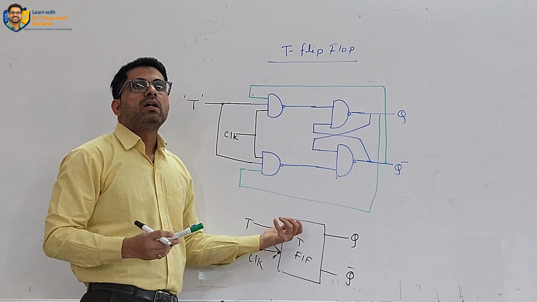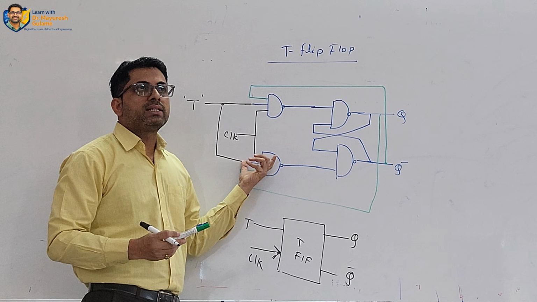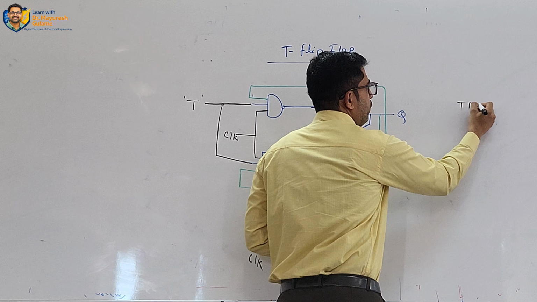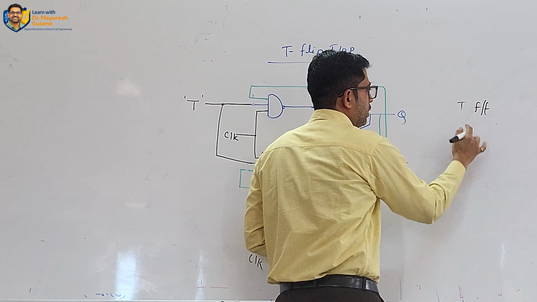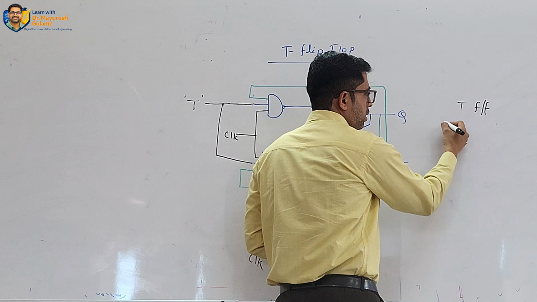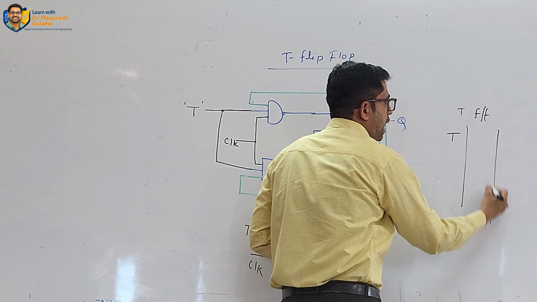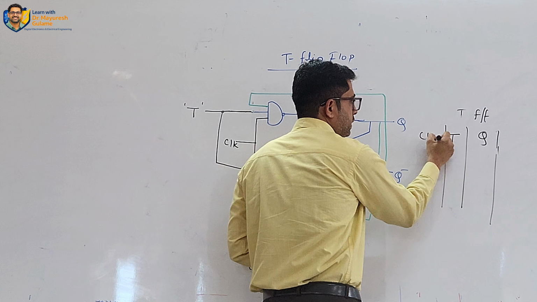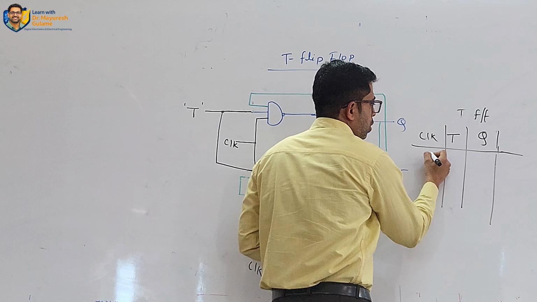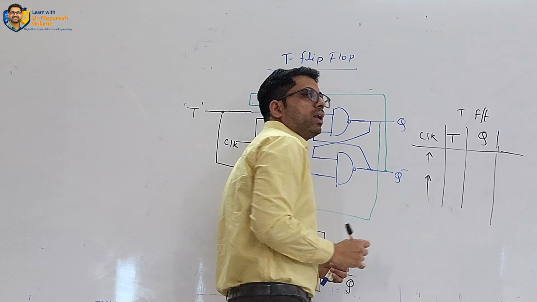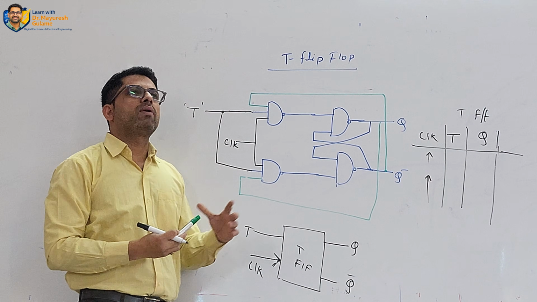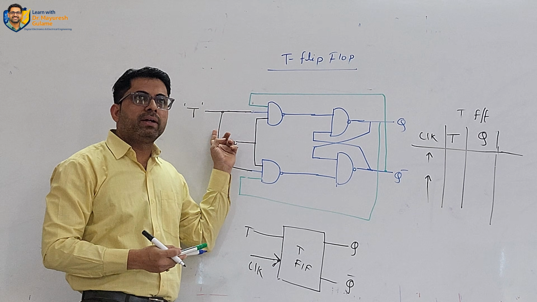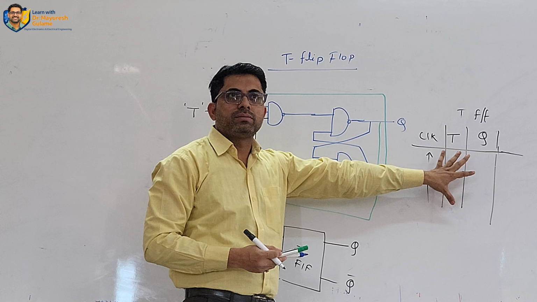Now we will see the truth table of this T flip-flop. How many inputs are there? Only one input, T, here Q, here Q bar, and here the clock signal. The clock signal is a must for the activation or working of the flip-flop. If you haven't given the clock signal, you will not get the output.